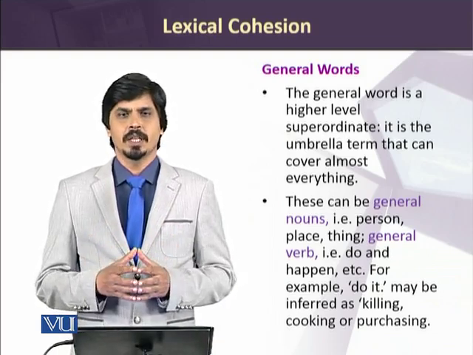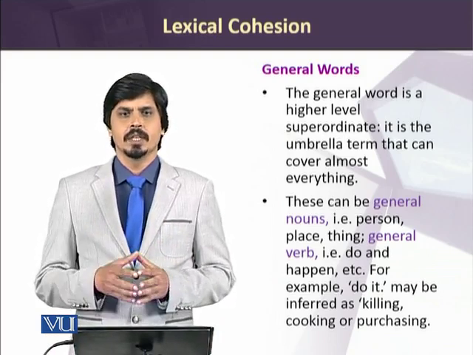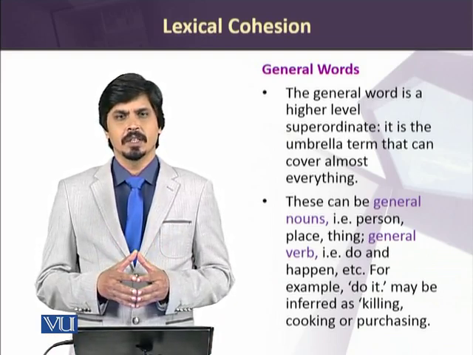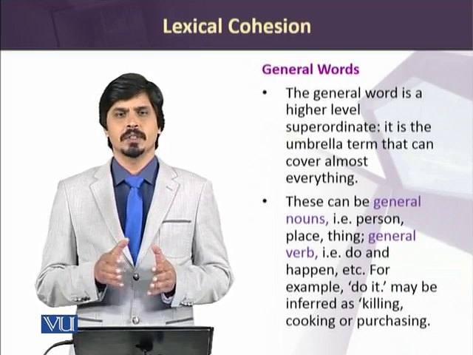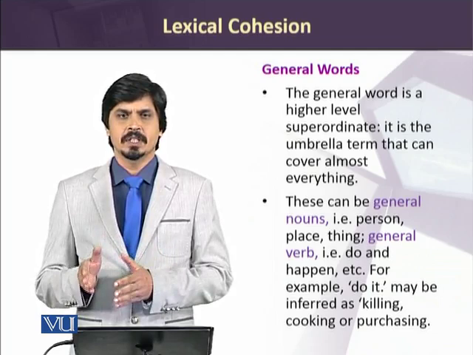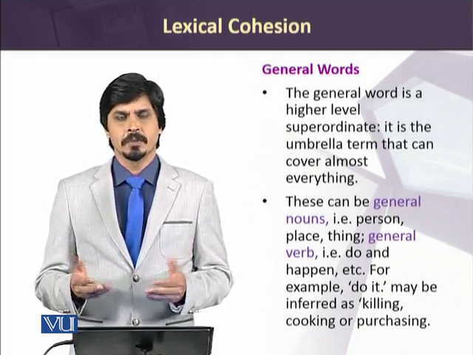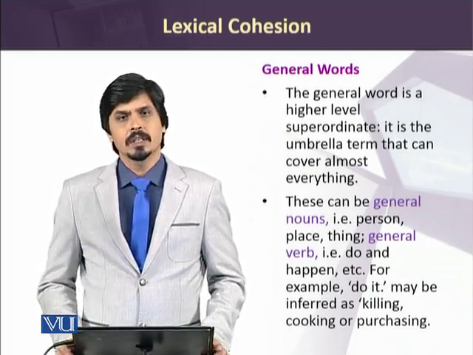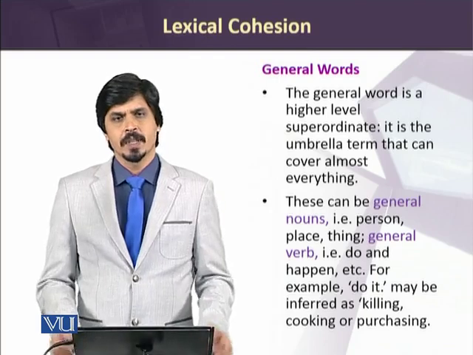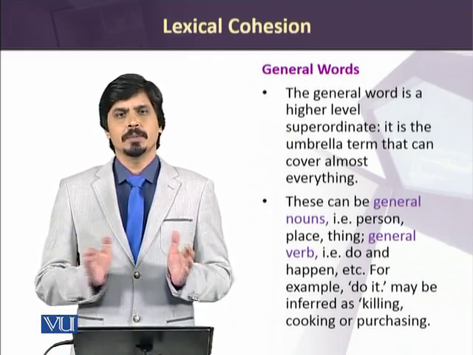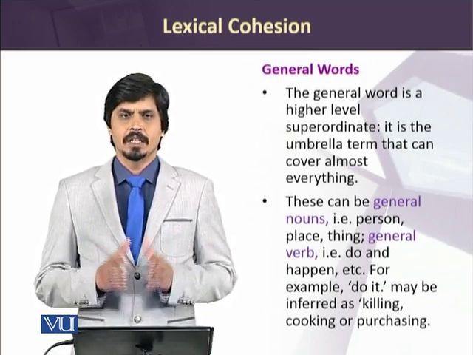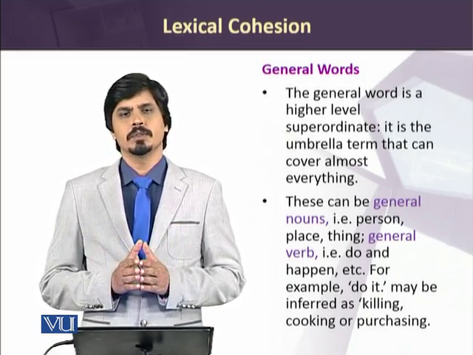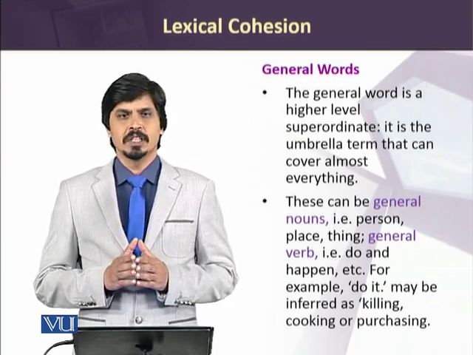For example, if I ask somebody to do it, it could be anything in the context. It's not particular to a certain action only. For example, this do it could be ascribed to killing someone, to cooking, or purchasing something. So this can be used to refer to various kinds of general activities, and this can also be used to develop cohesion in a text.